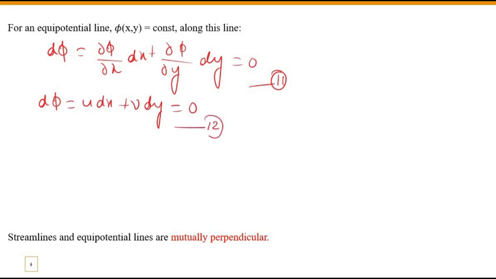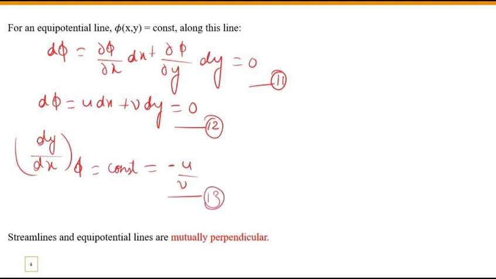Let us say this is our equation 12, and if I solve this for dy by dx, where phi is equal to constant, dy by dx being the slope of my equipotential line would give me minus u by v. Correct. We have got the slope of the lines in both the cases, where psi is equal to constant and where phi is equal to constant.